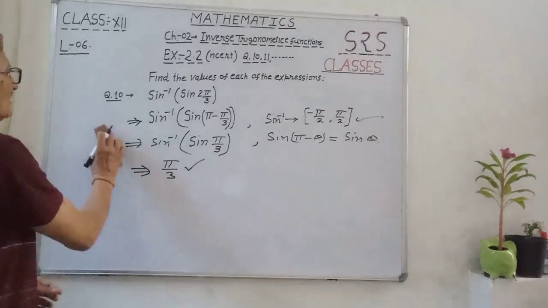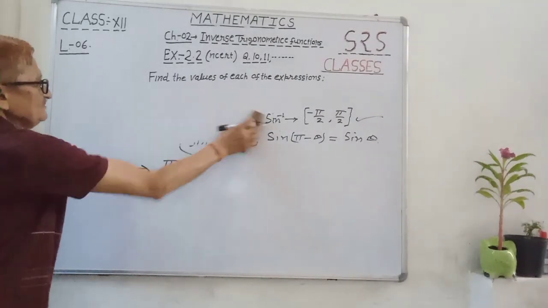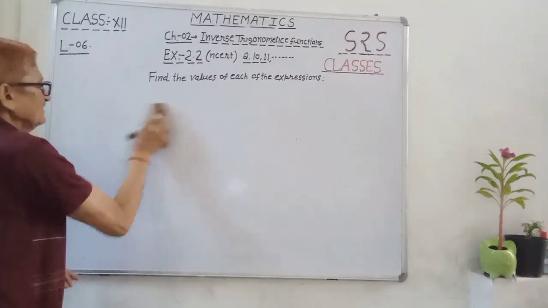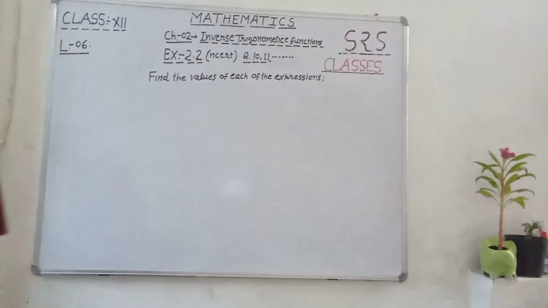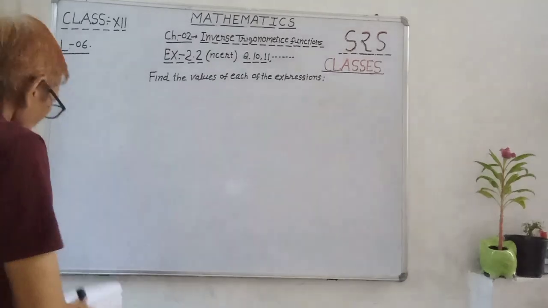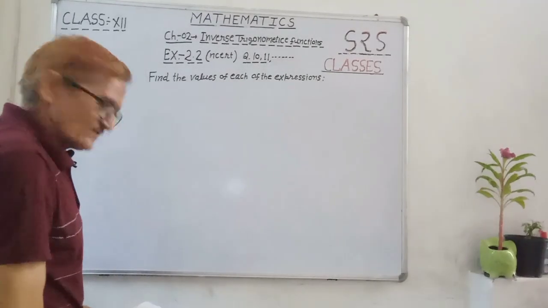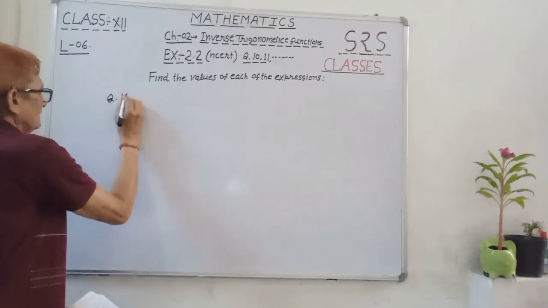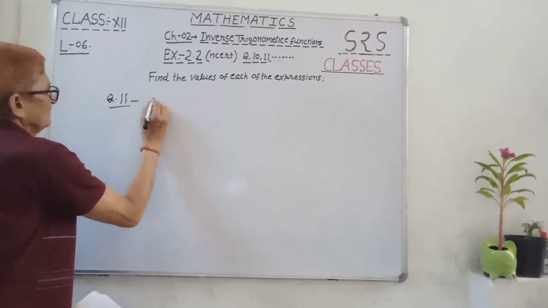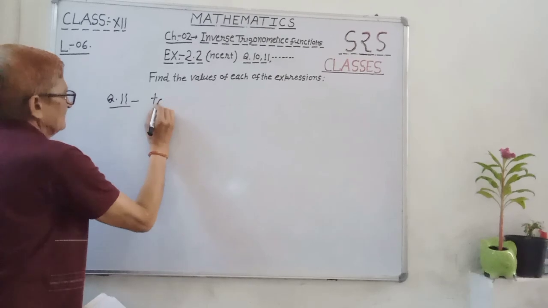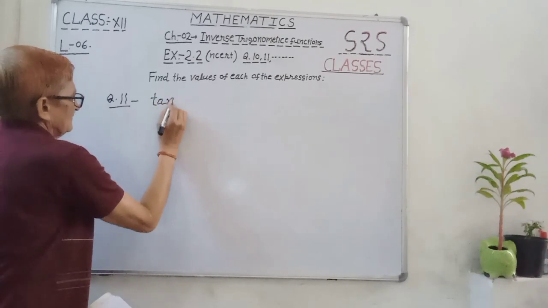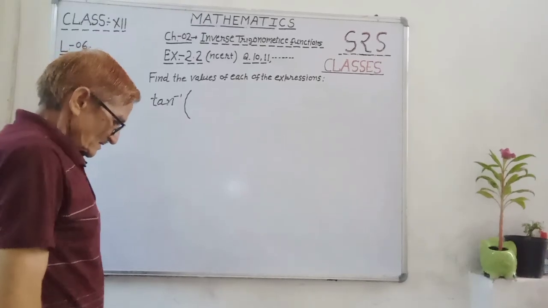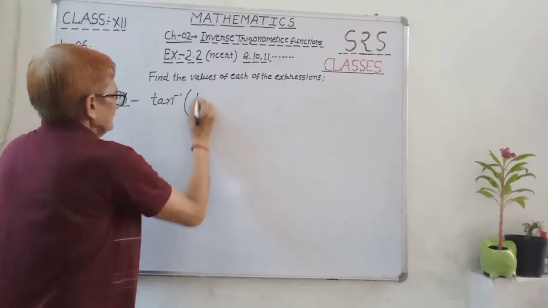Now similarly, the next question, question number 11. Question 11 is tan inverse tan 3 pi by 4.